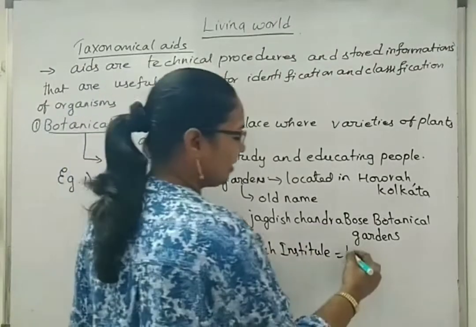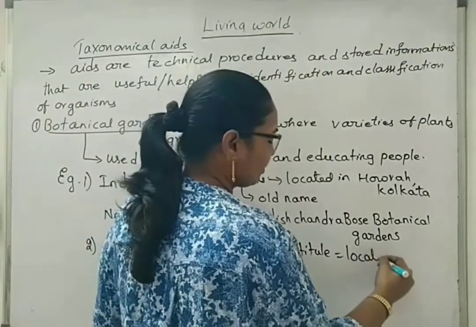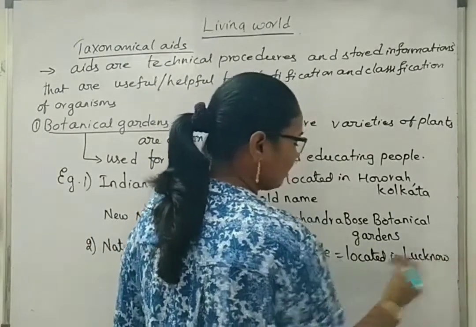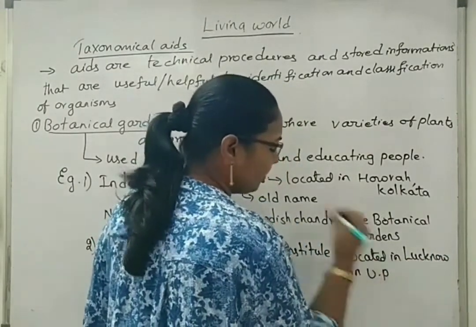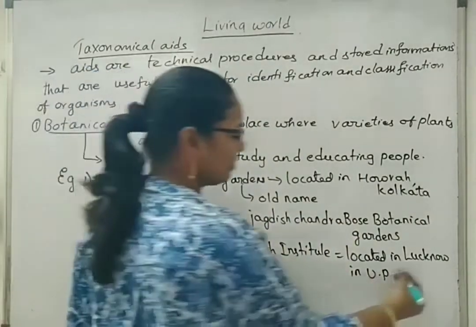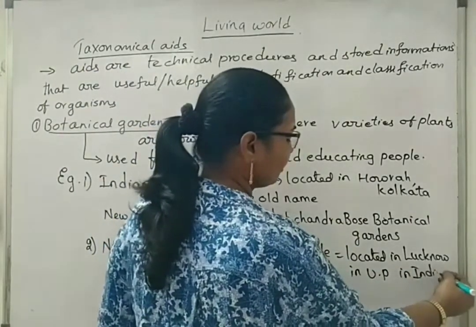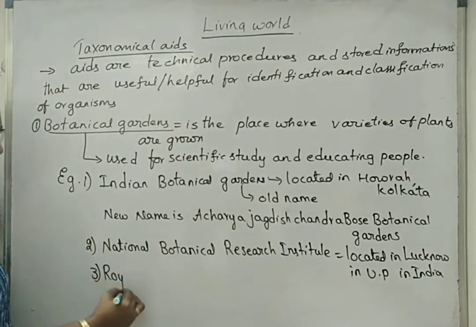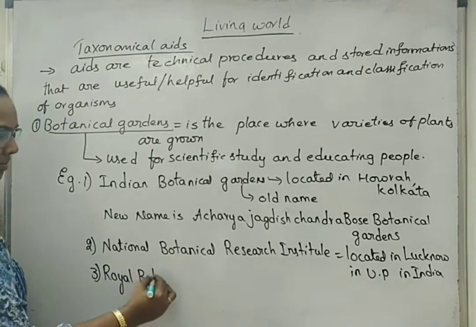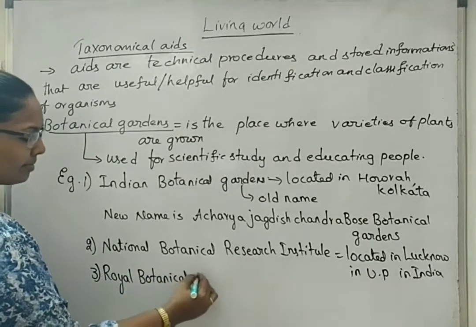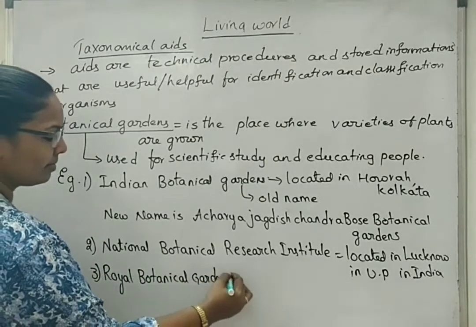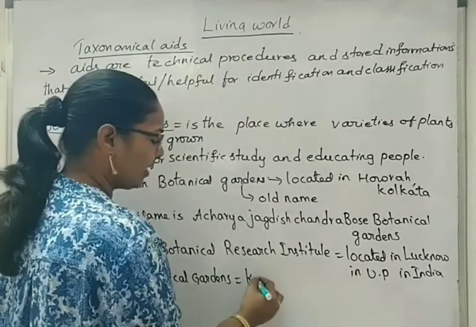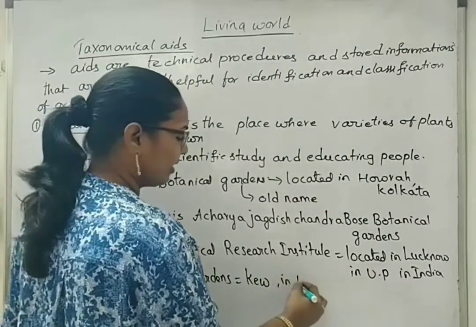It is located in Lucknow in Uttar Pradesh in India. The third example is Royal Botanical Gardens. Where is it located? It is located in Kew in England.